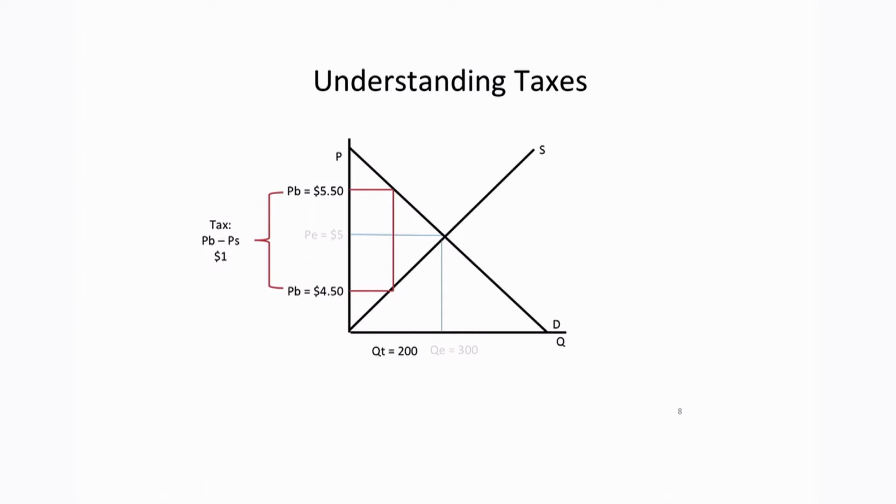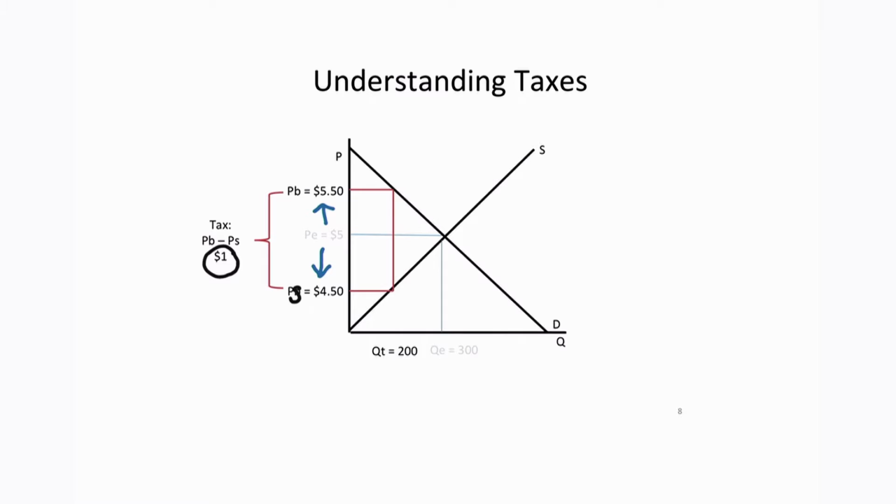Now, once the government imposes the tax, you can see that the price for the buyer increases by 50 cents to $5.50, and the price received by the sellers falls to $4.50. So the difference between the price for the buyer and the price for the seller is $1, or the size of the tax.